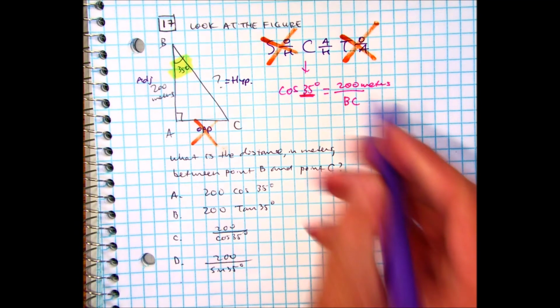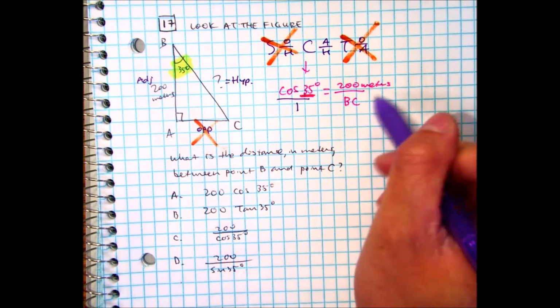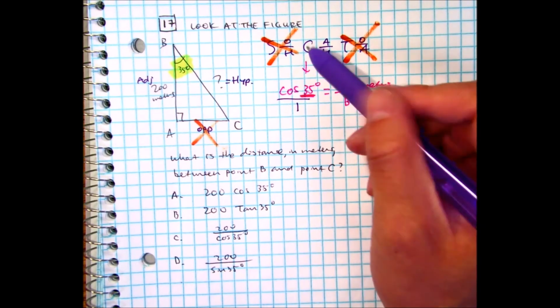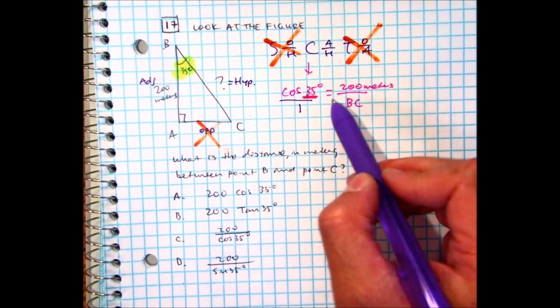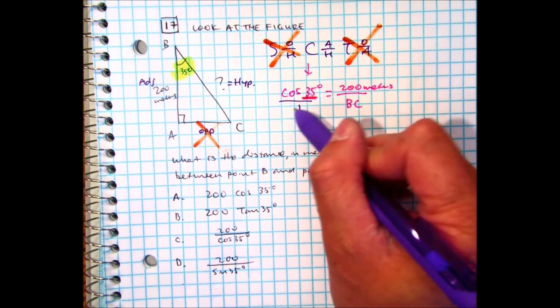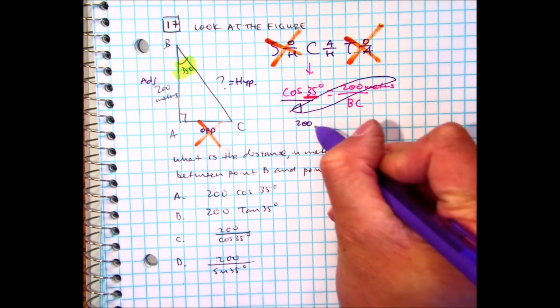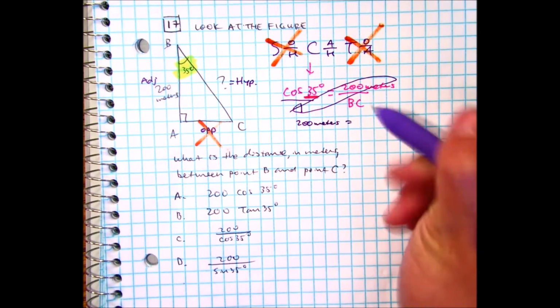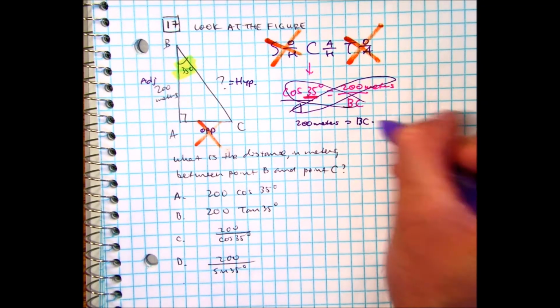And then I can just use my math skills. I can make this a fraction. I have a ratio and I have a ratio. Therefore, I have a proportion. A proportion is basically two fractions equal, and now I can just cross multiply. Now, if you did not cross multiply, BC times cosine of 35.